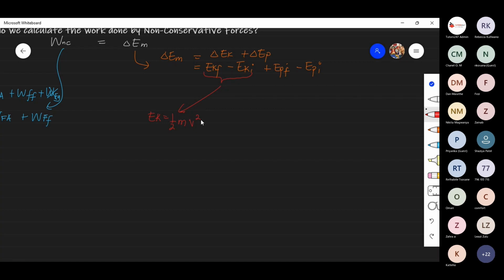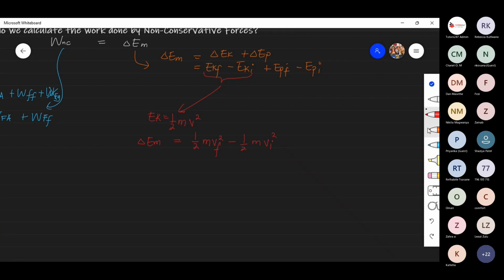And when we are dealing with initial kinetic energy, we are then going to use initial velocity. So let's expand this even further. So our change in mechanical energy will then be equal to a half mass times Vf squared minus a half mass times Vi squared. So that is just the kinetic energy component.